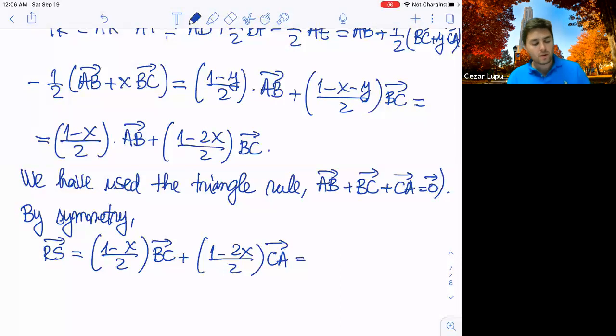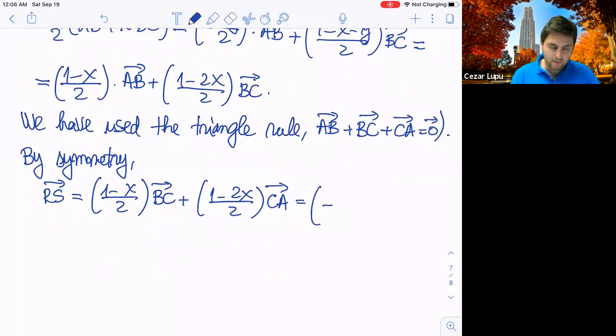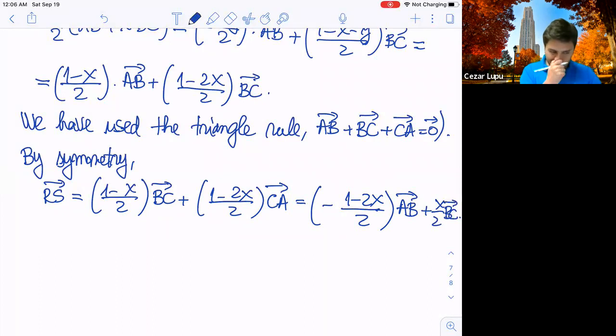And if you want, using the triangle rule again, you can write this as negative ((1 minus 2x) over 2) times AB vector plus (x over 2) BC vector. Okay, so we can do that.